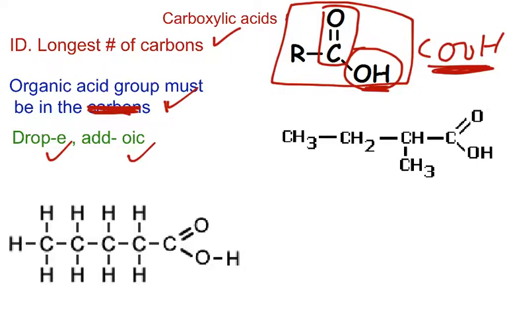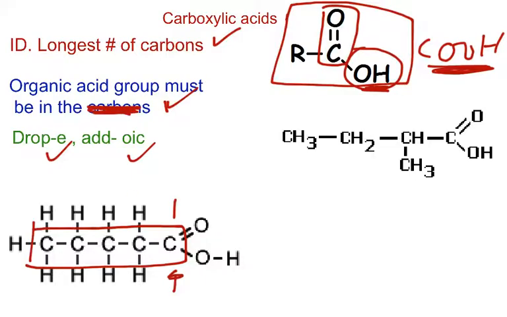Now let's get to the lower left corner. Let's name this guy. We have 1, 2, 3, 4, 5 carbons right here. We notice we include the carbon of the acid group, and we always will have the acid group at carbon number 1, always. So we don't have to put the position of the acid group when we give our final name.